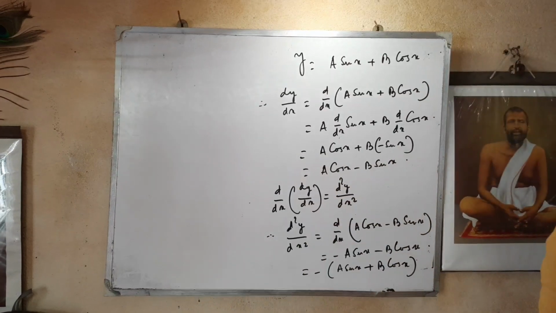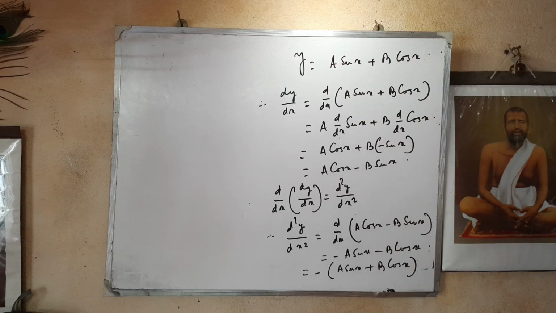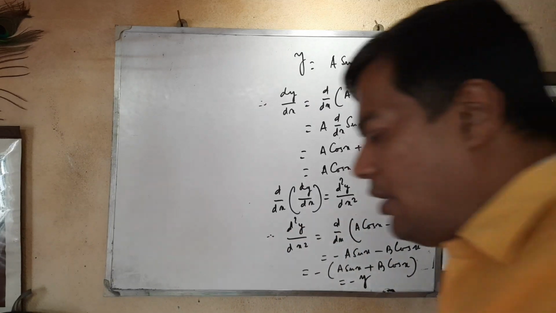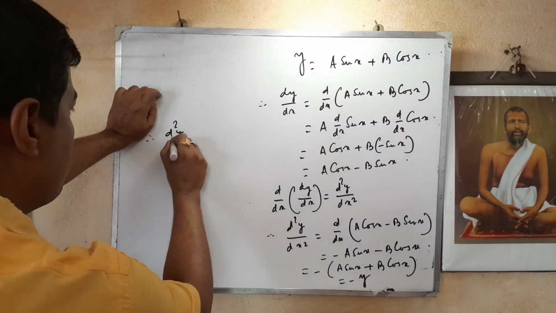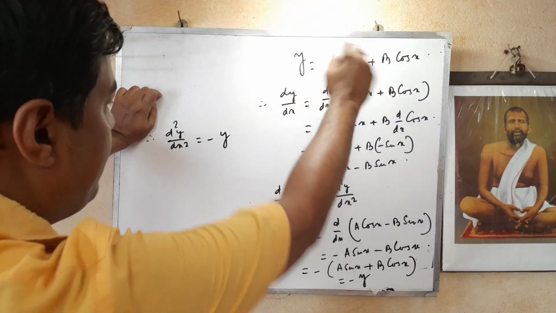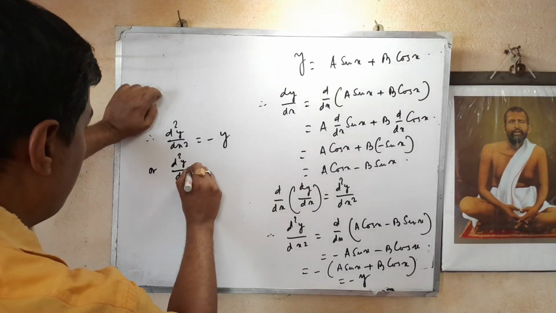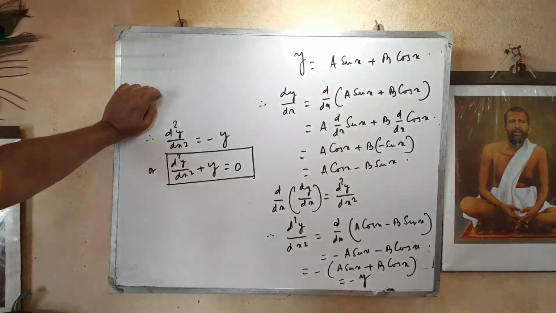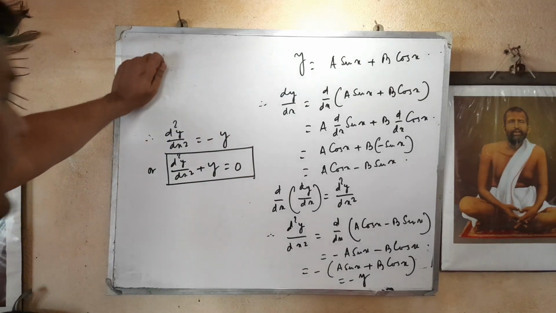You all can see a sin x plus b cos x, and from our given function y equals a sin x plus b cos x, it is nothing but y. So d2y/dx2 equals minus y for this given function, or d2y/dx2 plus y equals 0. It is a second order linear homogeneous differential equation.